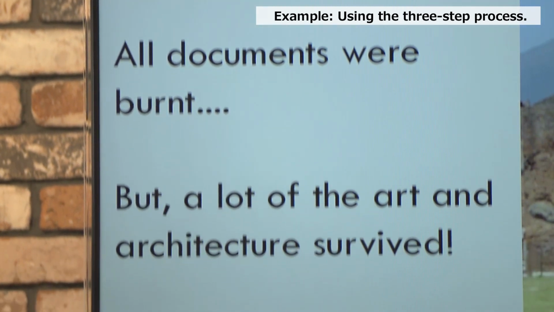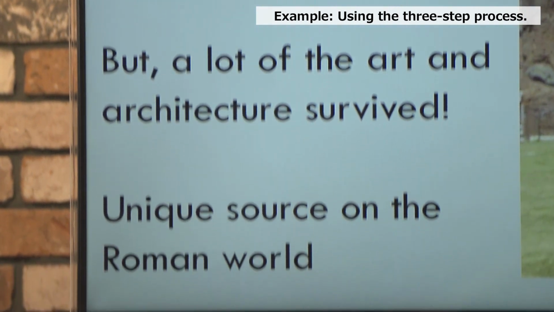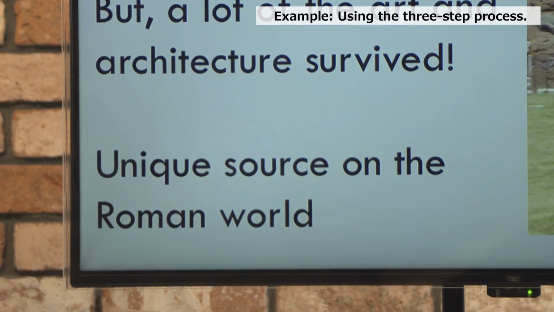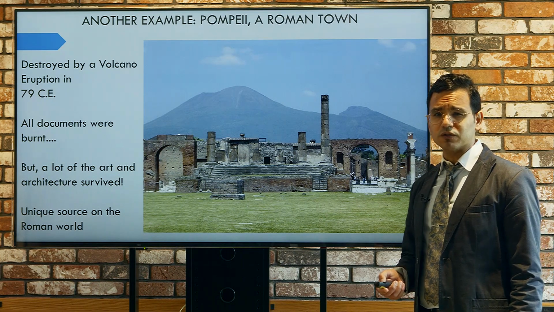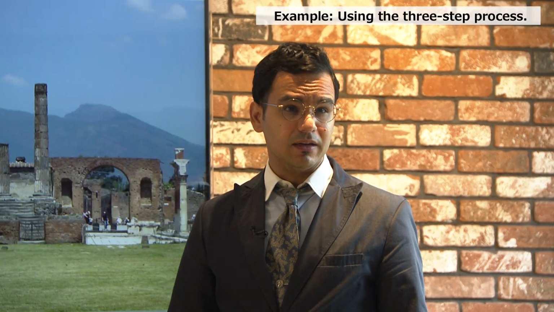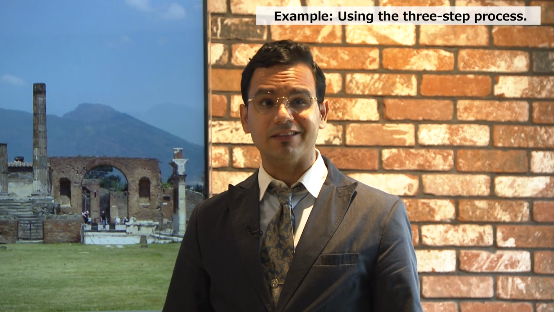But the art and the visual sources survived, the architecture as well. So Pompeii is a very unique source on the Roman world. So let's look at an example of a visual source from Pompeii and how we can use it to learn more about the Roman Empire and the people that lived at that time.